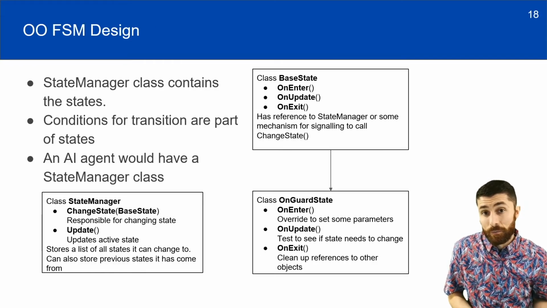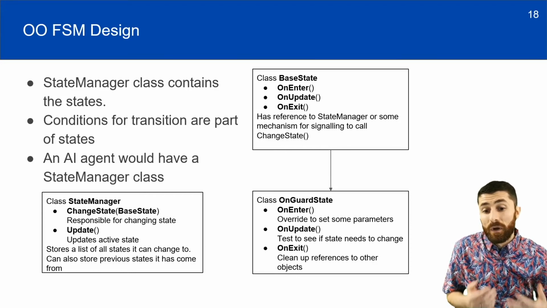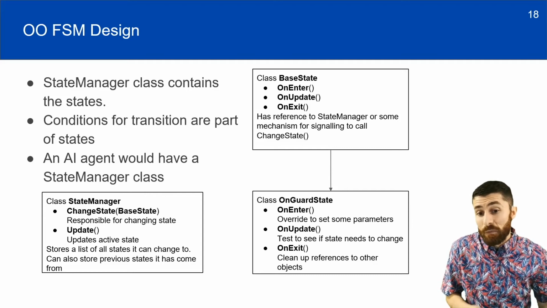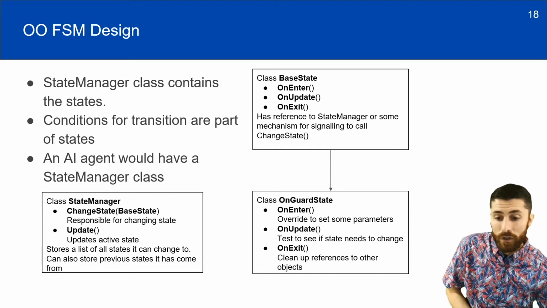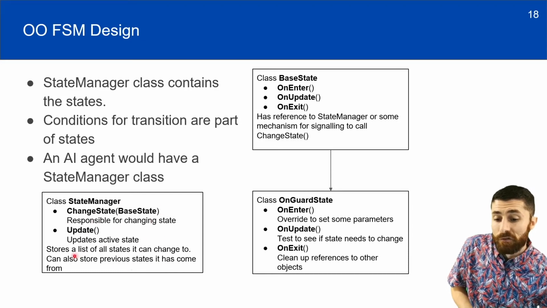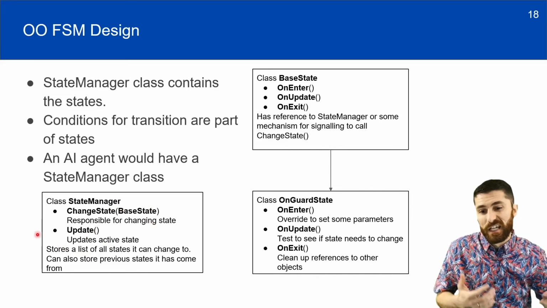Therefore, what does an object-oriented finite state machine look like? Well, like this. You usually have a class called a state manager class, which will hold all of your states, and it will also usually be responsible for updating all of the classes that you have. So this is kind of like a record keeper, if you like.